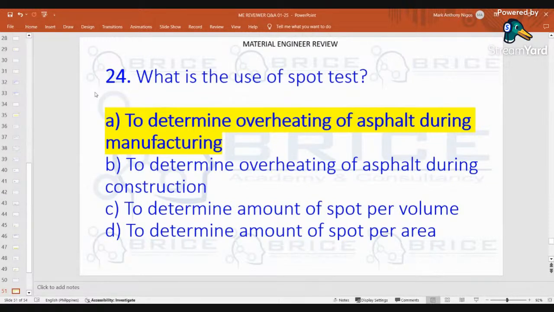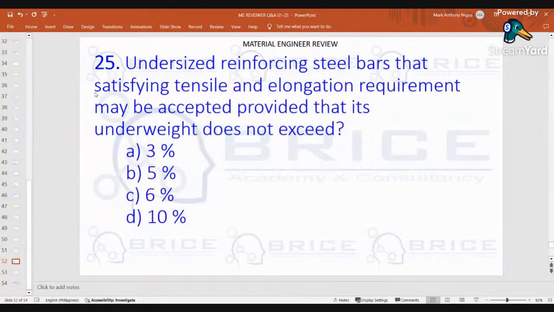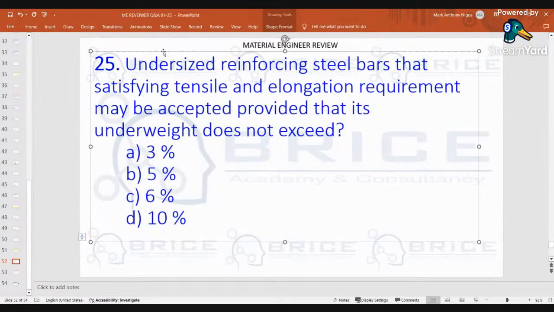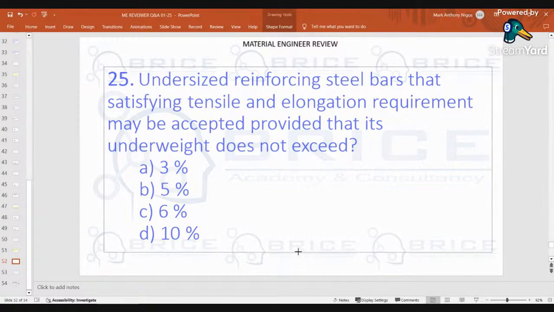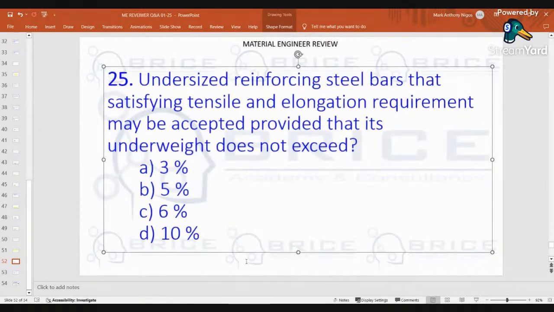And the last question for this session, 25. Undersized reinforcing steel bars that satisfy the tensile and elongation requirement may be accepted provided that its underweight does not exceed blank. A. 3%, B. 5%, C. 6%, D. 10%.